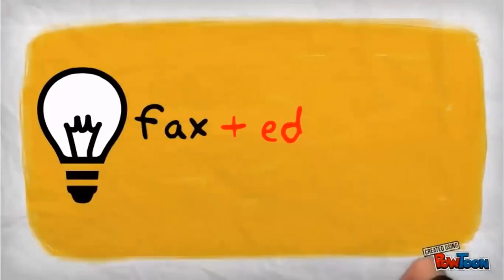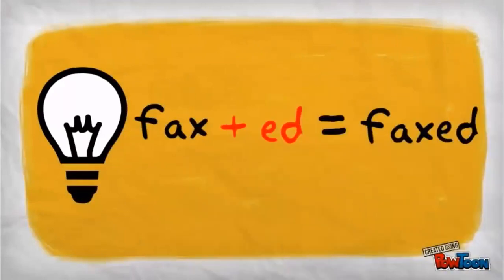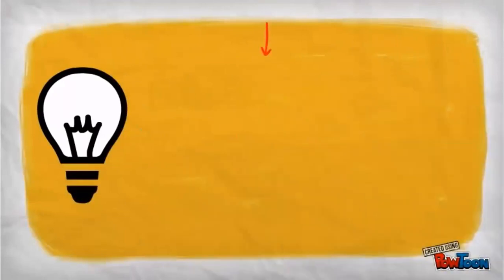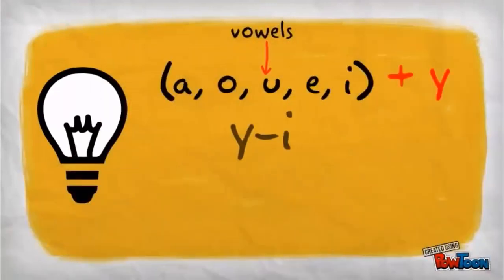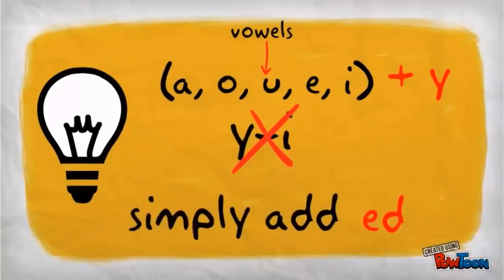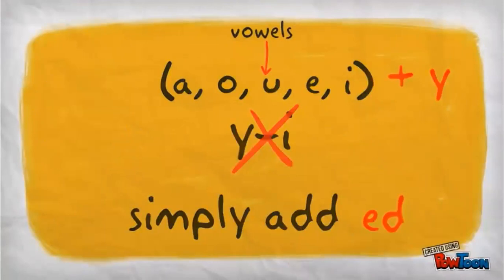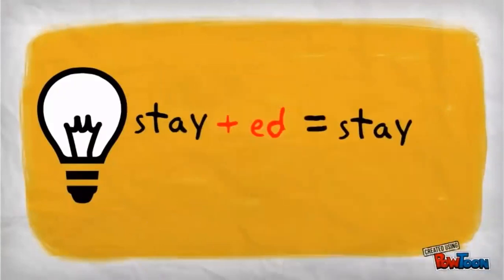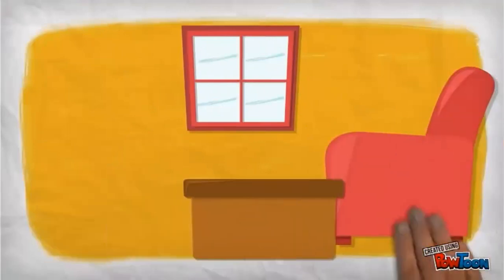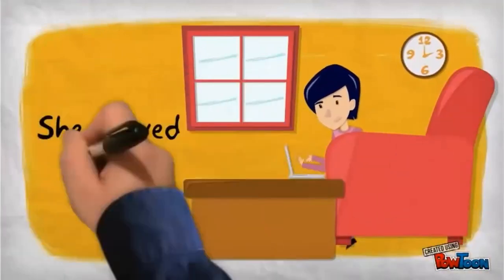For example, fax, faxed. When the verb ends in a vowel plus Y does not turn into I. We simply add ed in the end. For example, stay, stayed. She stayed at home.